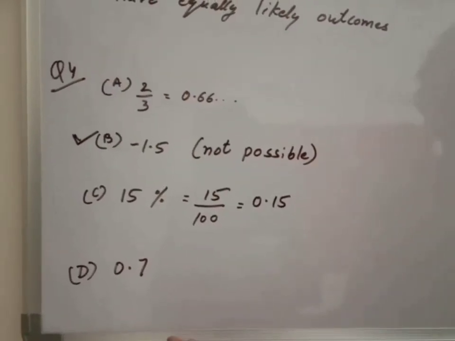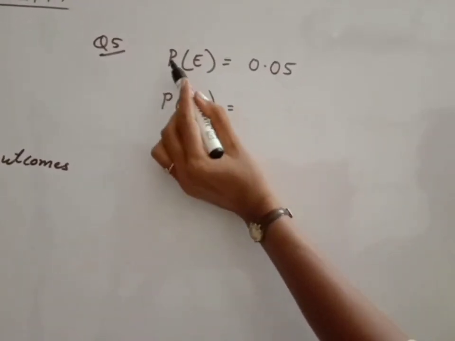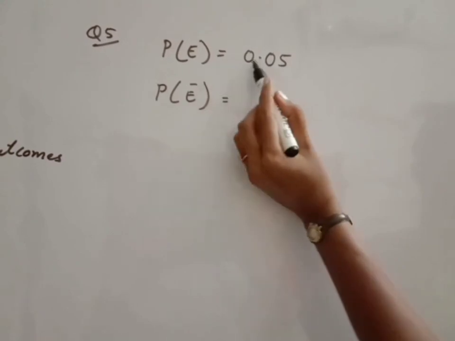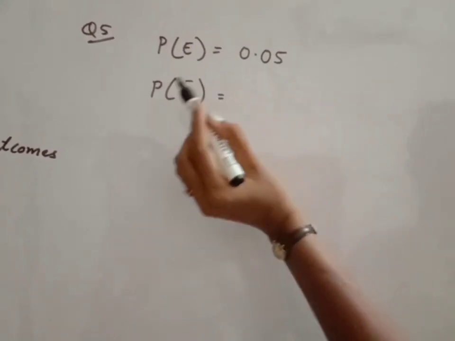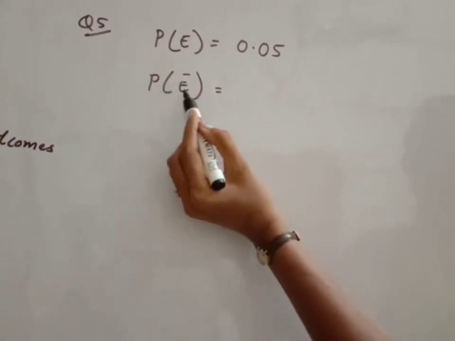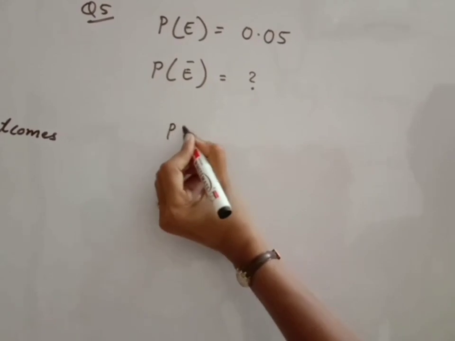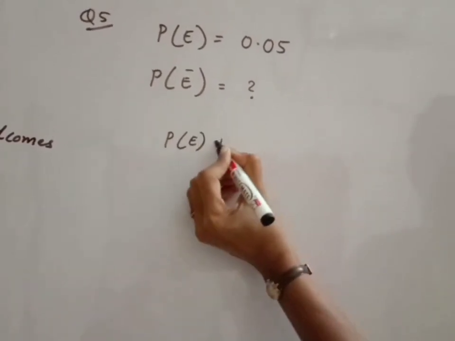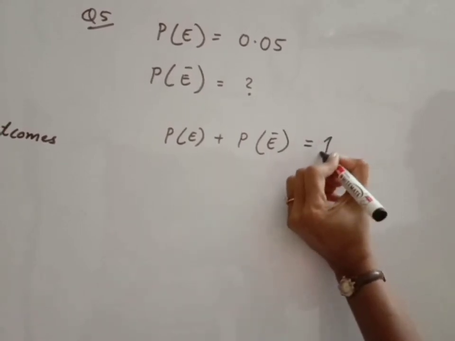Now let's see question number 5. In question number 5, the probability of an event is given as 0.05 and you are told to find the probability of not event. We have to find this. Now we know that probability of event plus probability of not event is always equal to 1.